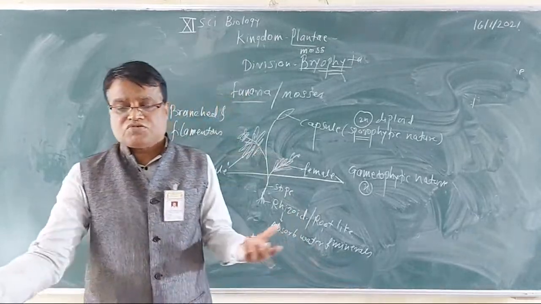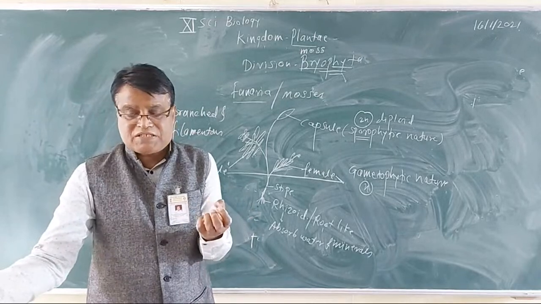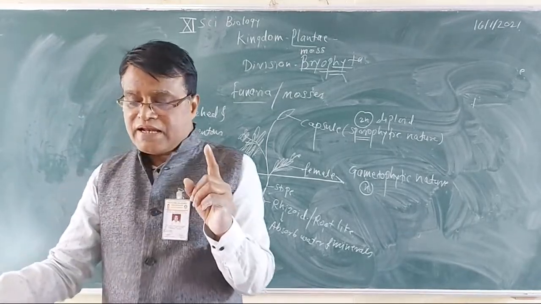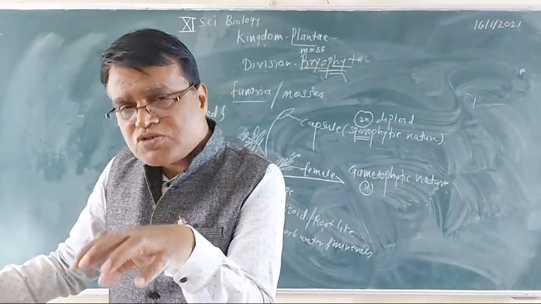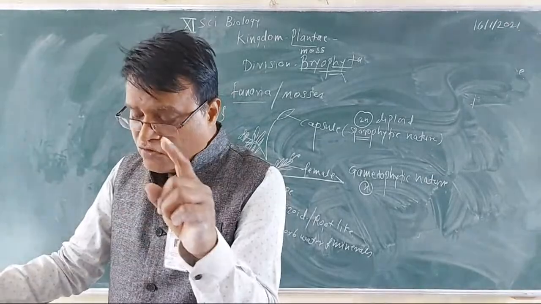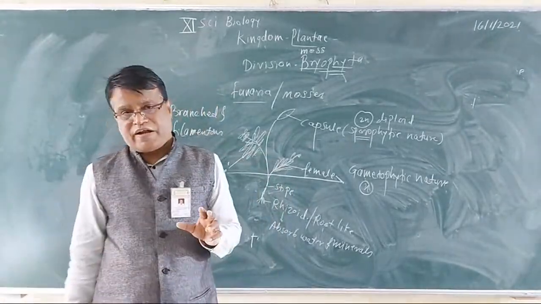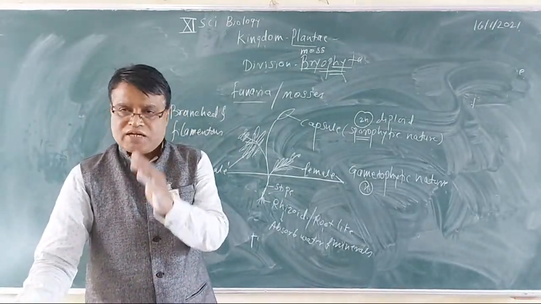Then mosses are used for their water holding capacity. And again, a very important last function: lichens and mosses grow on rock and decompose the rock to form soil, isn't it? That is why mosses help in the prevention of soil erosion and act as a soil binder.